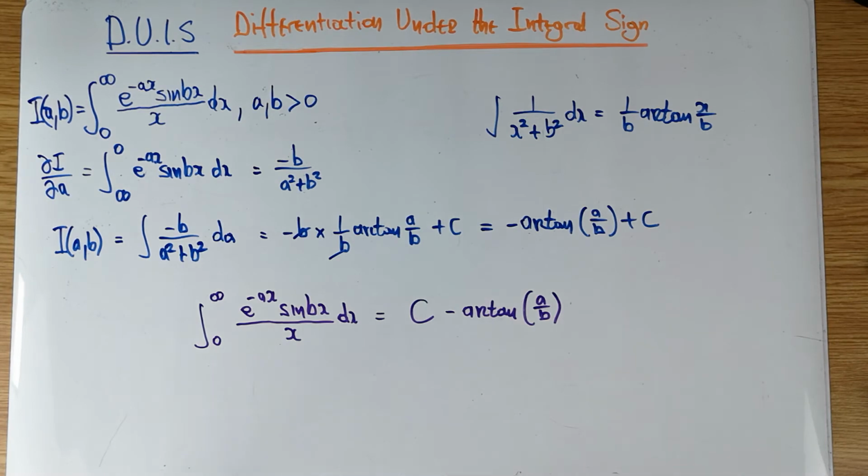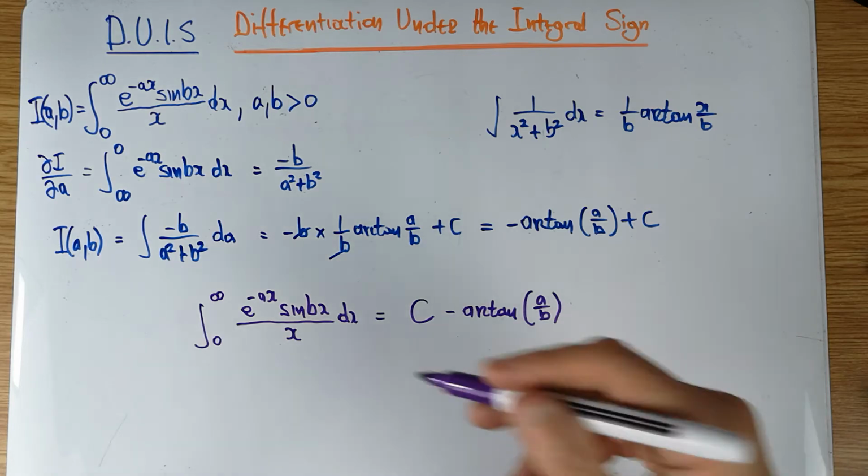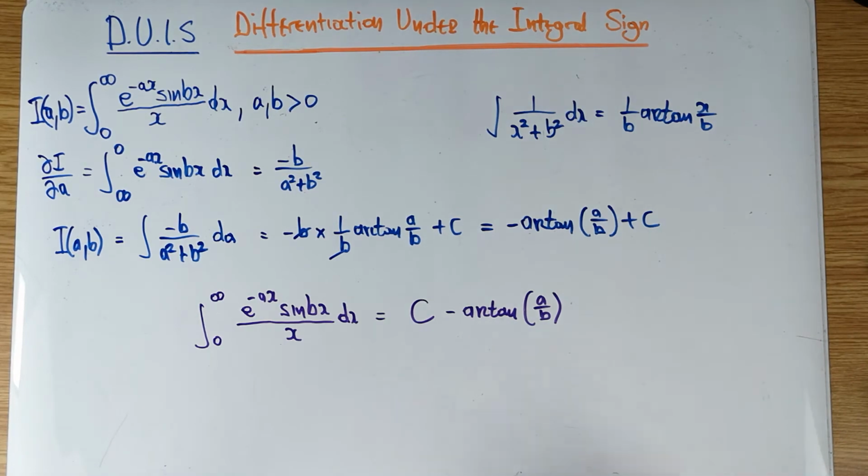So for a suitable substitution we can actually find this constant. What should the suitable substitution be, for which letter? We can actually do it for a or b. Probably we'll be going for the a here because that's actually the parameter we used.